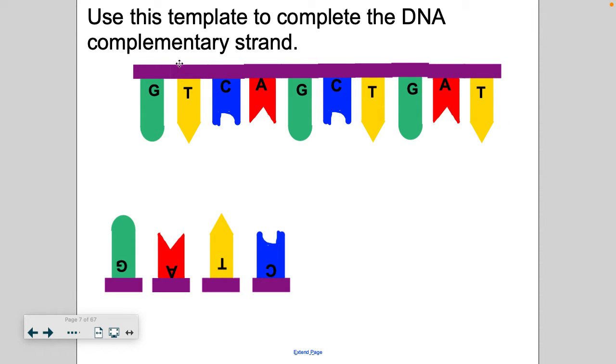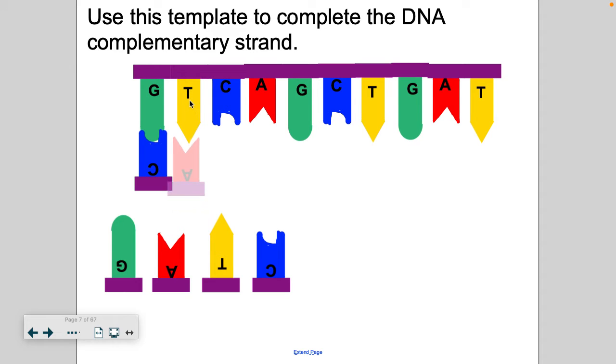So using this template, one half of the DNA molecule, can we make a complementary strand? Yes, we can. We know the base pairing rules. A pairs with T, C pairs with G. So I have a G here. G pairs with C, so I can base pair complementary.